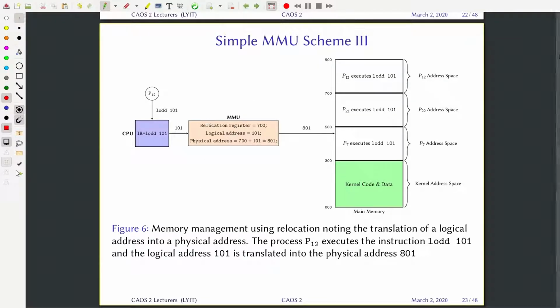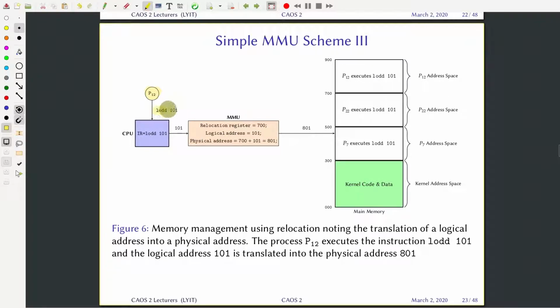So we can see that in this instance we have again the same components: CPU, MMU, main memory down here, and you can see that we have a process P12 which is executing, so it's been scheduled onto the CPU.